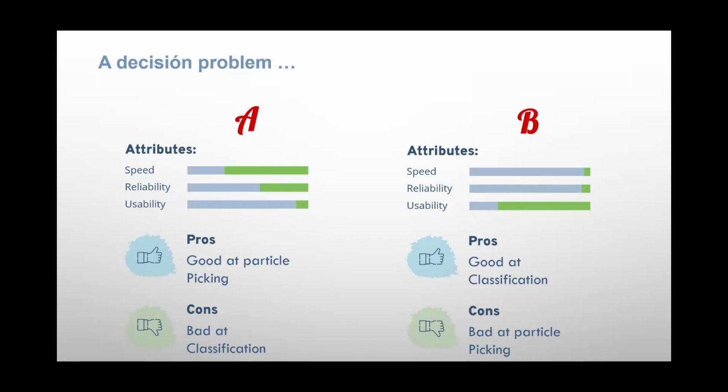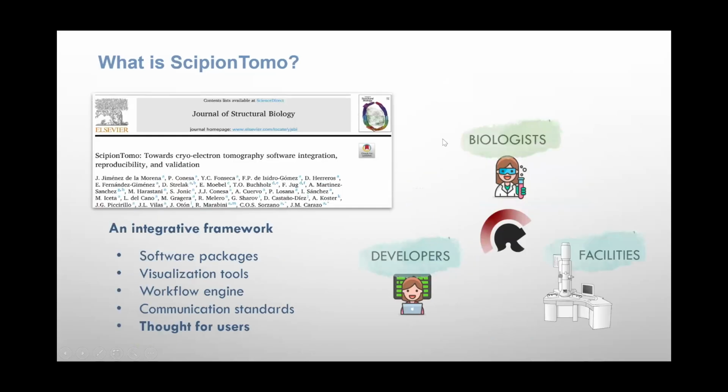So we have to make a decision, and to address this problem is why we created Scipion. Scipion was published in 2022, at least the branch of tomography. It's a software that is thought for biologists, developers, and facilities, so we cover these three target users.